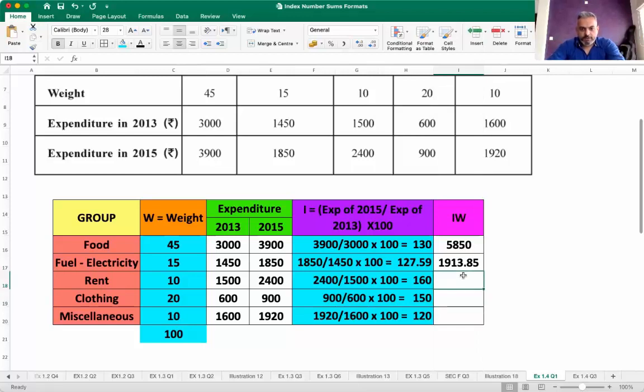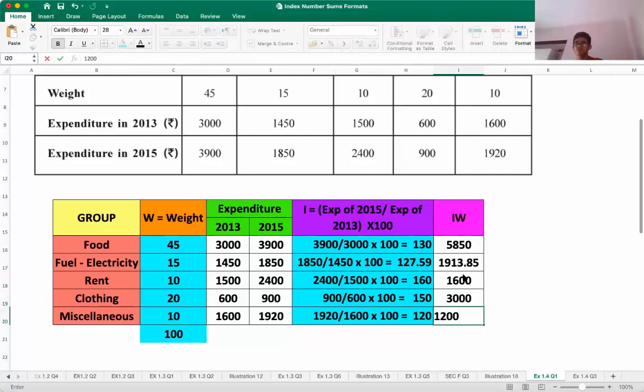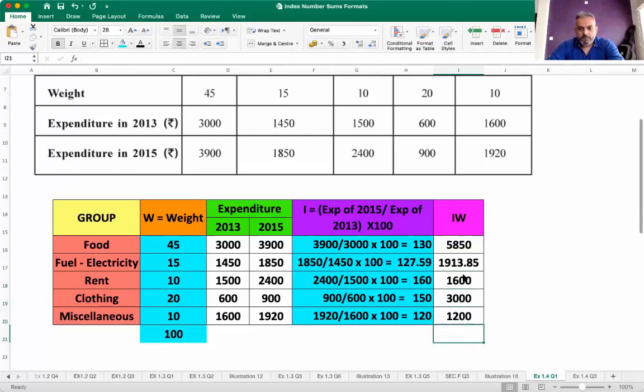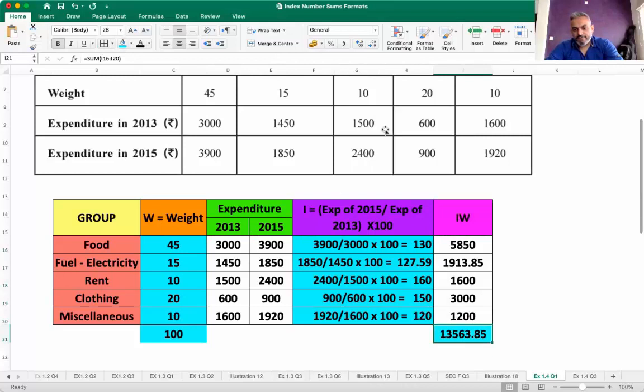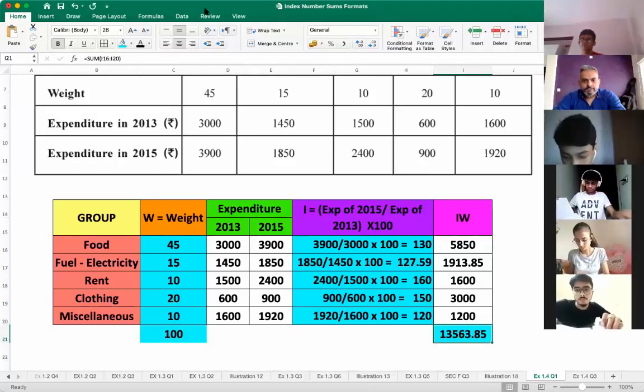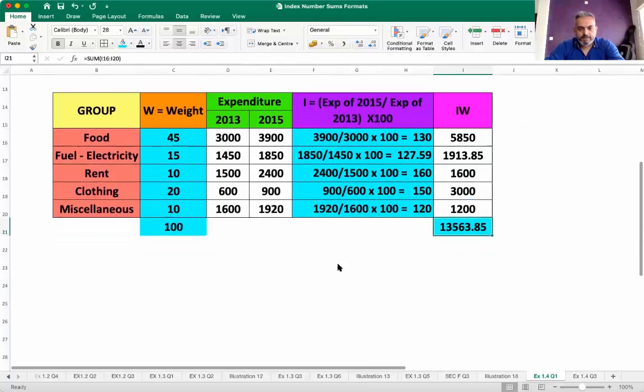Then 160 into 10, 1600. 150 into 20, 3000. And 120 into 10, 1200. Let's do the totals. So 13563.85. Let's find out the index.